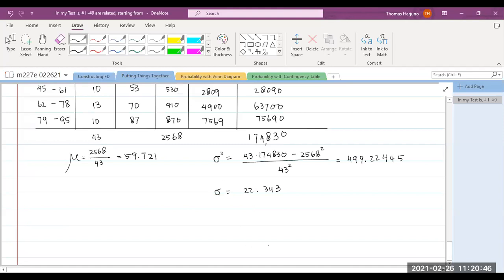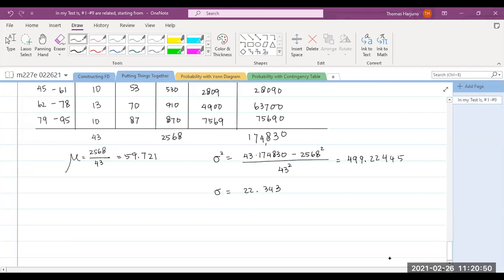And the last question from this part is, from this number 8, what is the interval within 2 standard deviations of the mean?